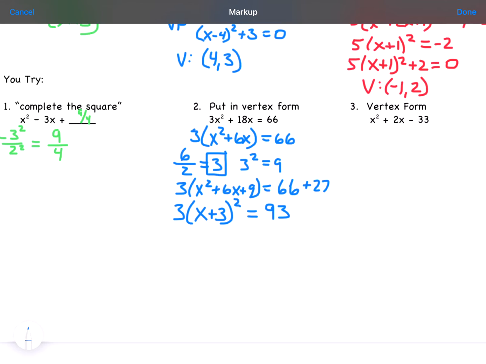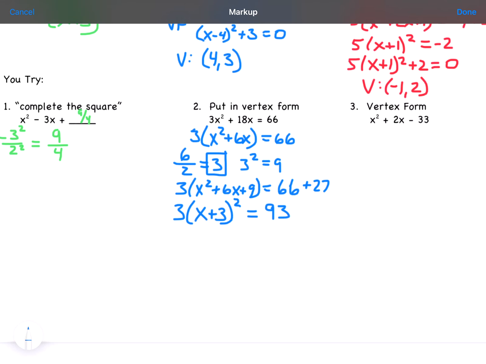Now, if we were solving, so if I told you to solve for x here, at this point what you would do is divide by 3, and then to get rid of something squared, remember, you take the square root, because the square root undoes something squared, and if you square a square root, it undoes that. So basically that's how you get rid of each of the other two. So if we have a squared, we can always take a square root and we would be able to solve for x in this case. And when you take a square root, it's always plus or minus that square root value.